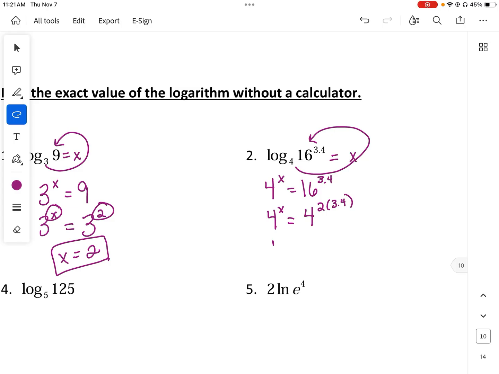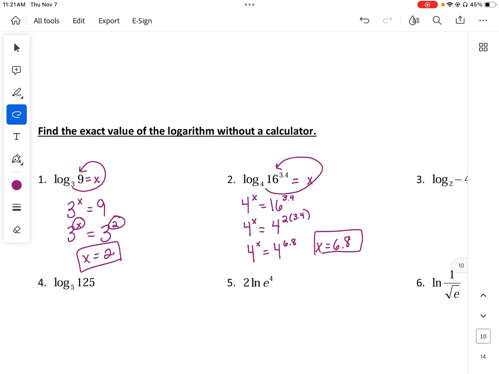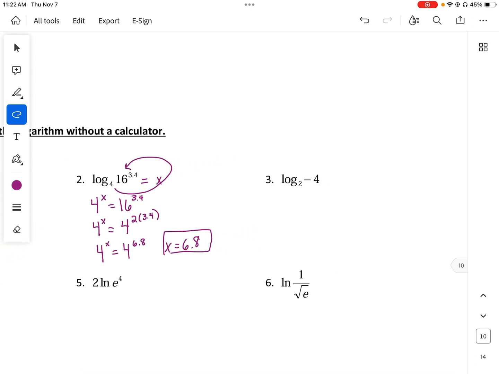So then I do 4 raised to the x equals 4 squared to the 3.4, so 2 times 3.4 is 6.8. So that means x equals 6.8. And we didn't even use that law that we just learned about. We just used the swirl method. Okay, let's go to the next one.